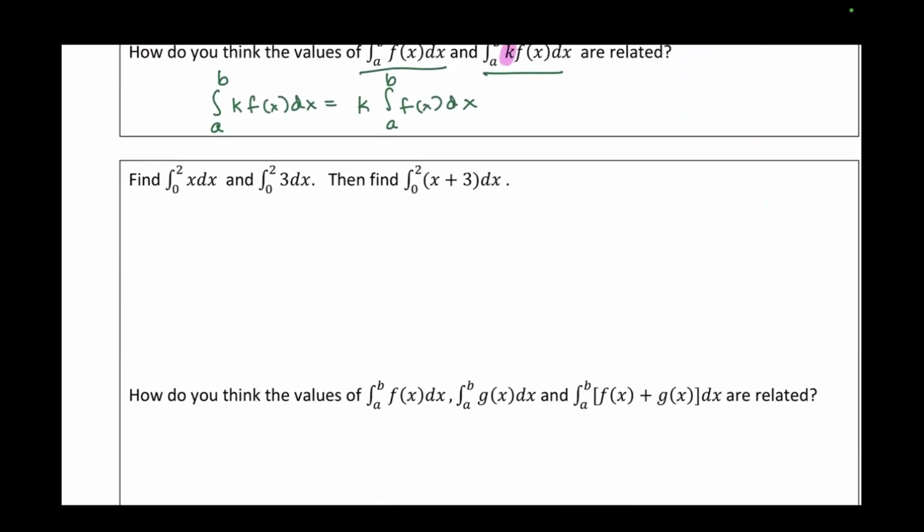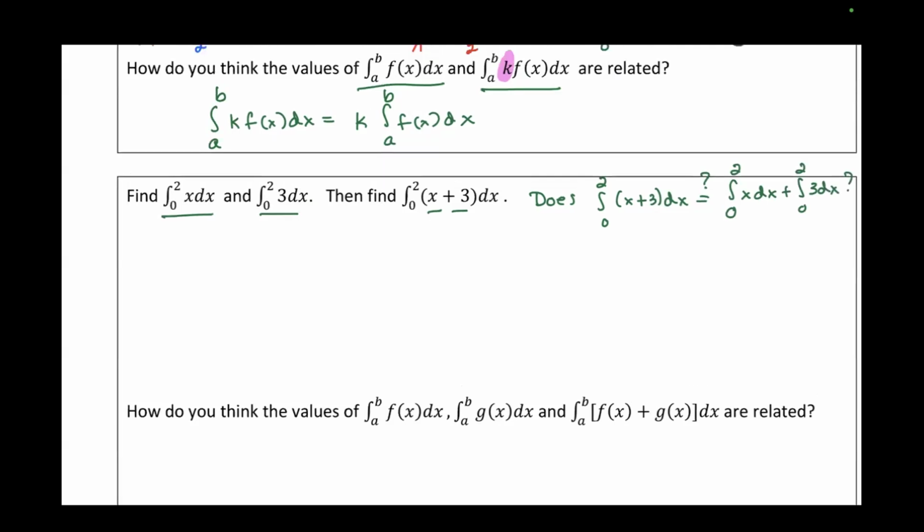All right, another property that I want us to get at. What if I'm adding 2 terms in my function? Could I do each definite integral separately and then add them? So in other words, does the integral from 0 to 2 of x plus 3 dx equal the integral from 0 to 2 of x dx plus the integral from 0 to 2 of 3 dx? That's the question.